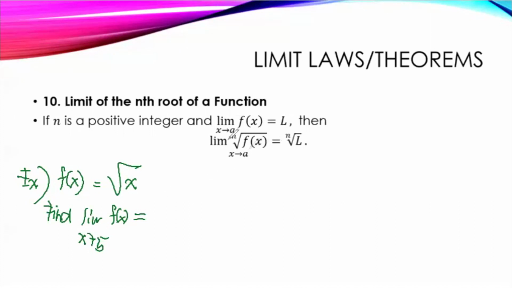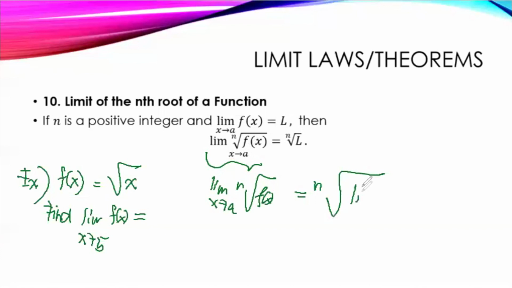By the way, class, let's go back here first. This is the nth root of L because the limit of the nth root of f of x as x approaches a is simply equal to the nth root of the limit of f of x as x approaches a.